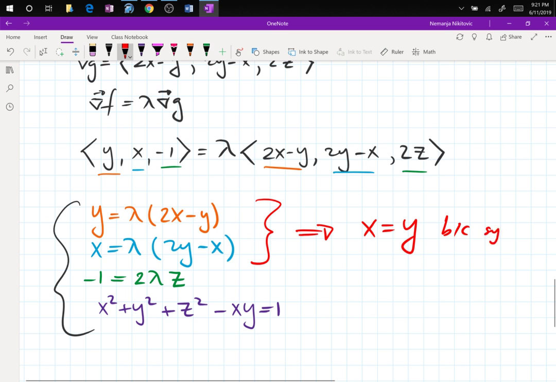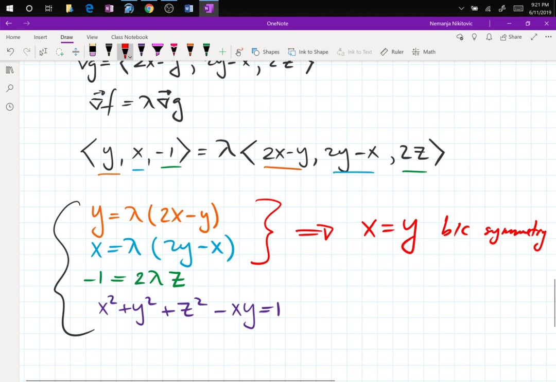Because of symmetry. How do you know that equations are symmetric? You can swap x and y and you are getting the same equation. These two equations are interchangeable if you swap x for y.